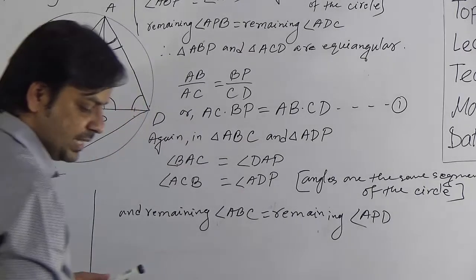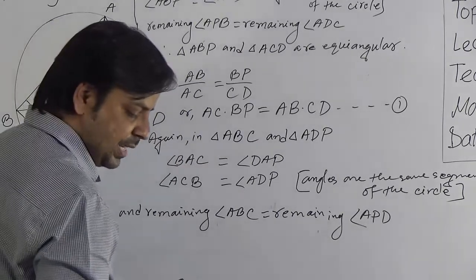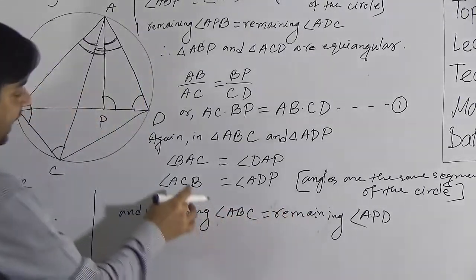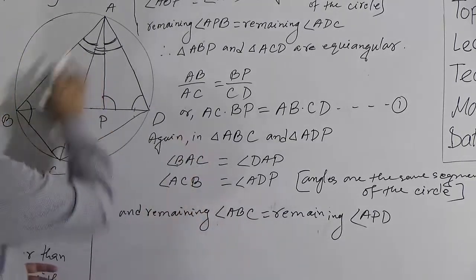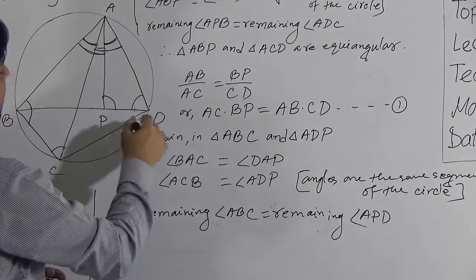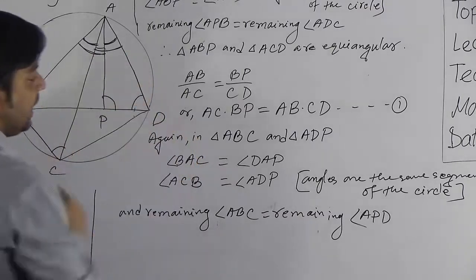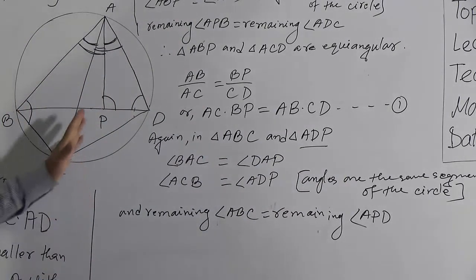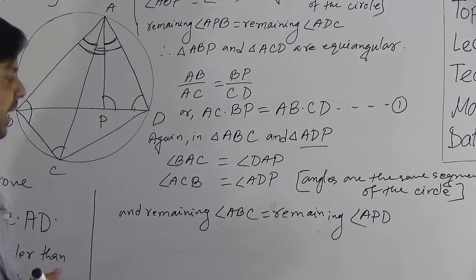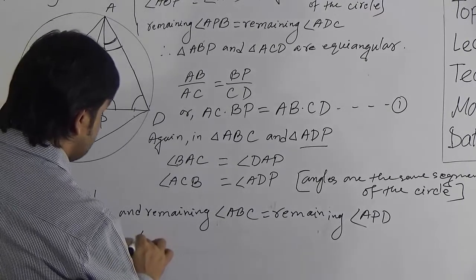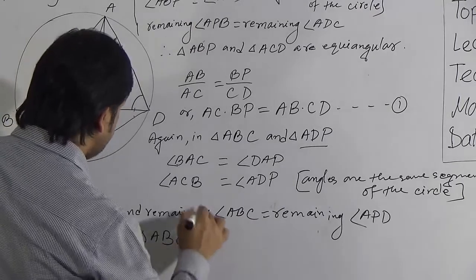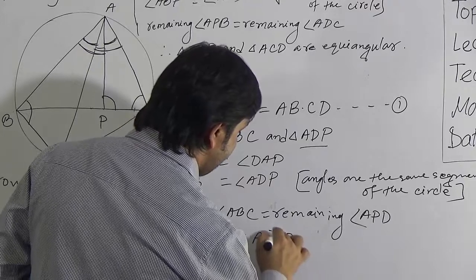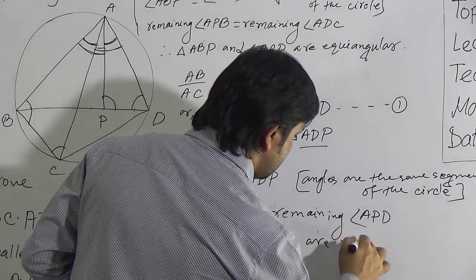So the three angles of triangle ABC are equal to the three angles of triangle ADP. So these two triangles are equiangular. Therefore triangle ABC and triangle ADP are equiangular.